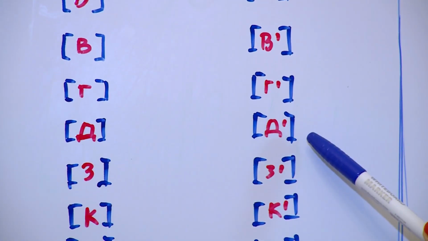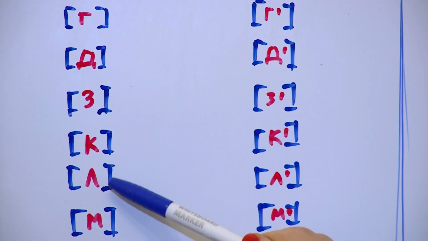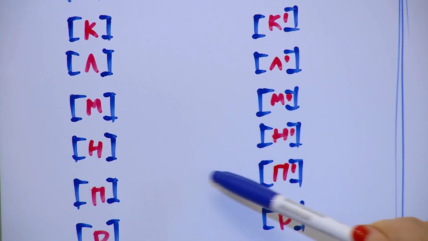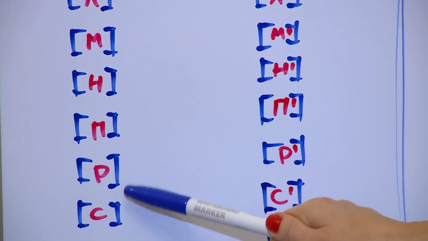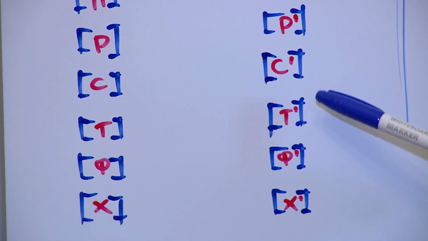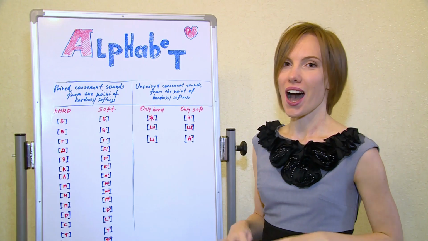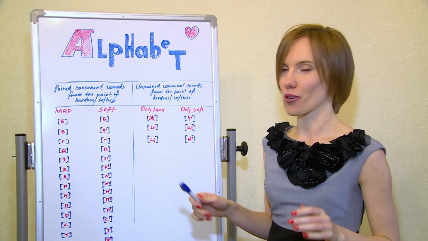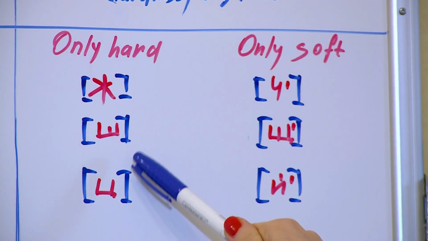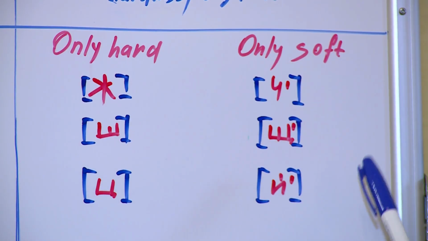D, Z, K, L, M, N, P, R, S, T, F, H. Unpaired consonant sounds from the point of hardness and softness: Ž, Š, C, Č, Š, I.